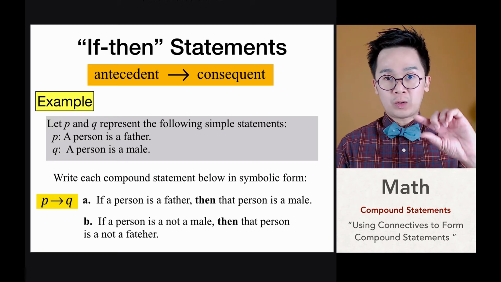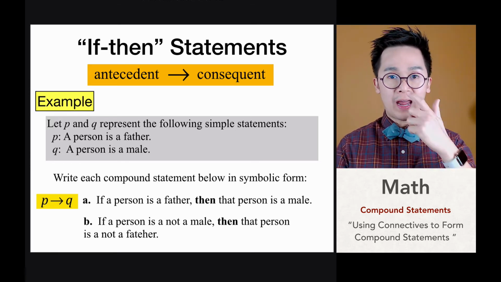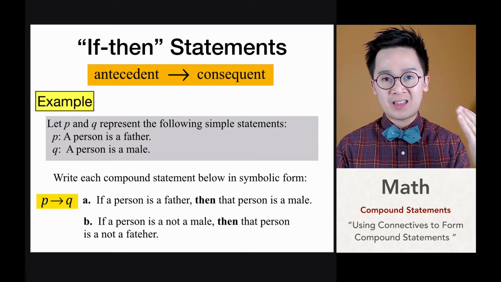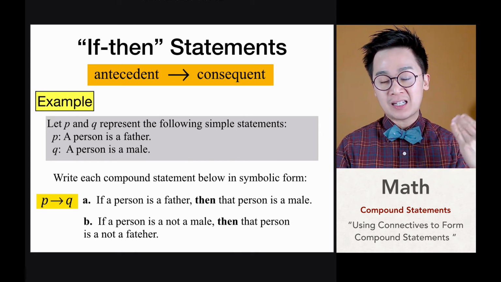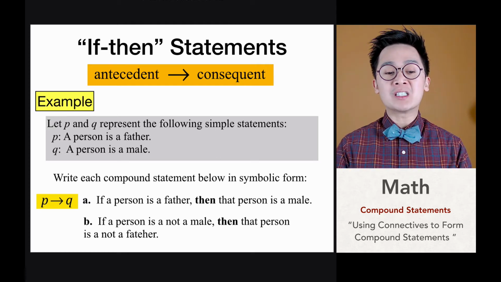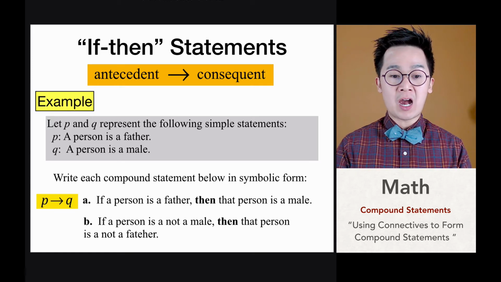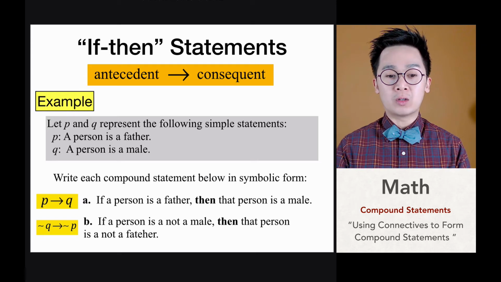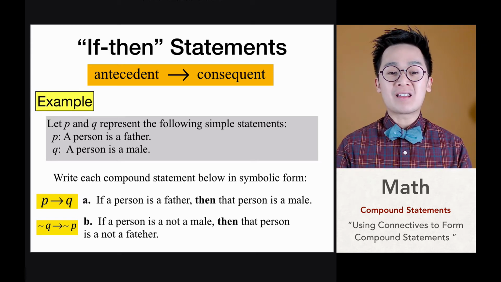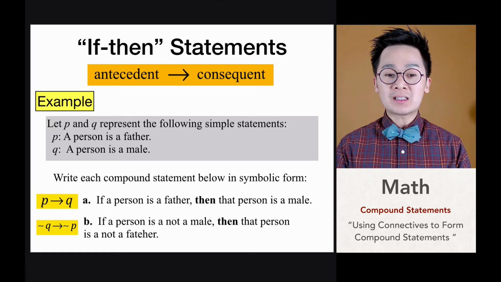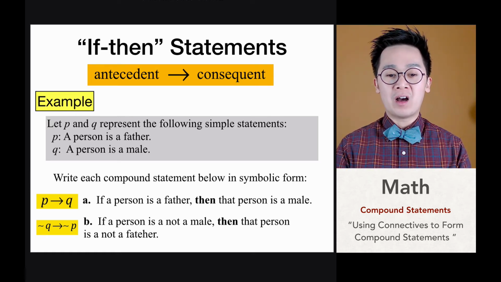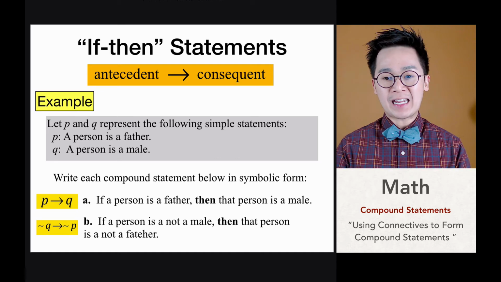Notice that now we interchange P and Q, and after interchanging, we also use the negated version of statement P and statement Q. So if we transform letter B into a symbolic form, if a person is not male, it will be not Q, then the person is not a father, which is not P. So we have not Q, then not P in our statement for using the if-then statement. This is how we use this form of connective in a compound statement.